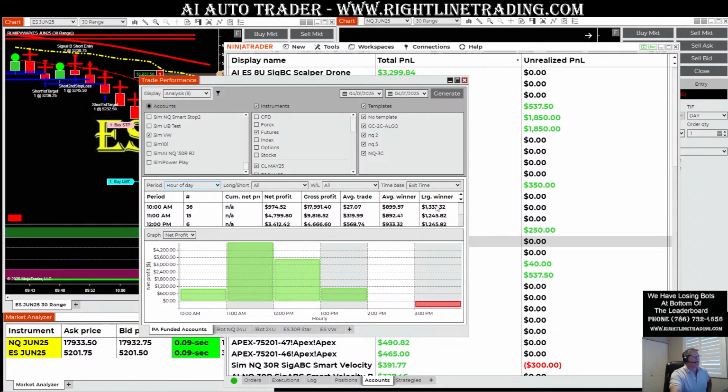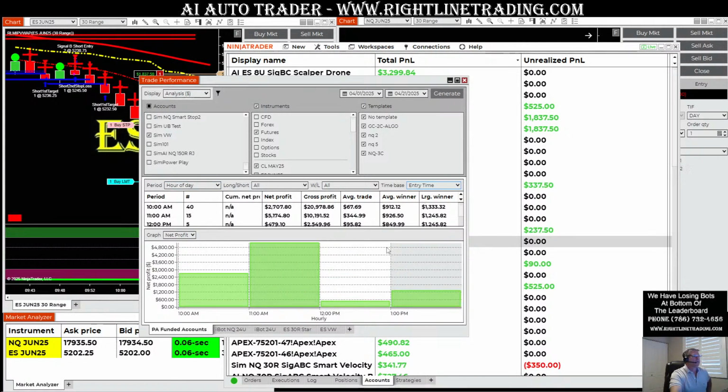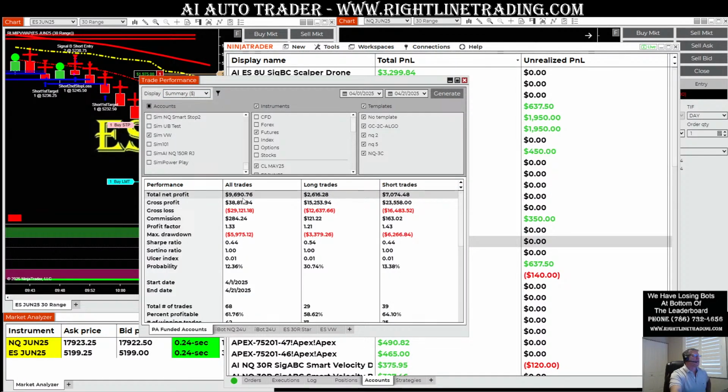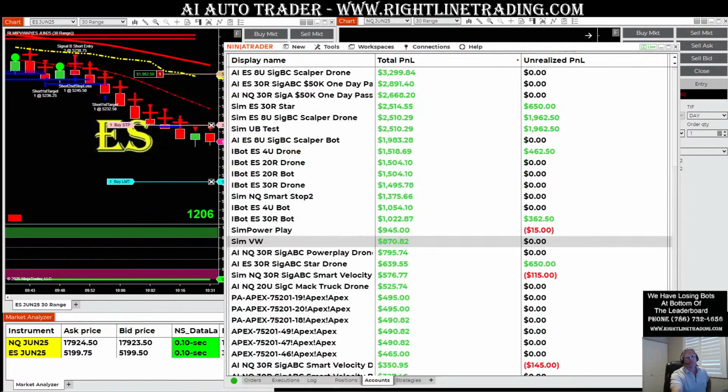And now I see on the entry times between 10, 11, right through 1 to 2 o'clock, it didn't have a bad session. But where it really thrived was between 11 and 12. It was up $5,000. So this is good information to have. But that VWAP strategy is up 10 grand from April 1st to the 21st.